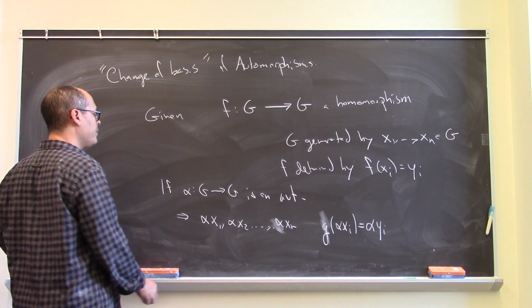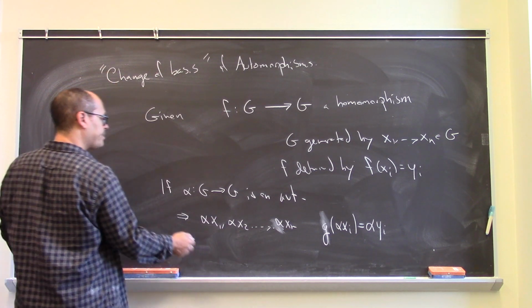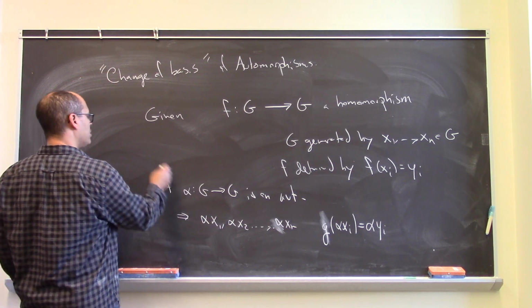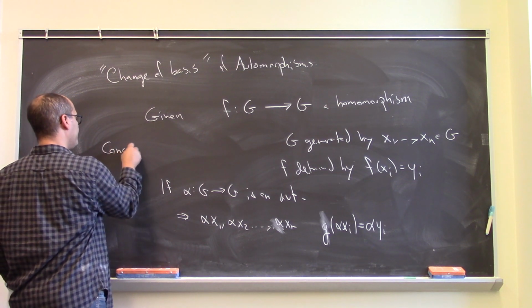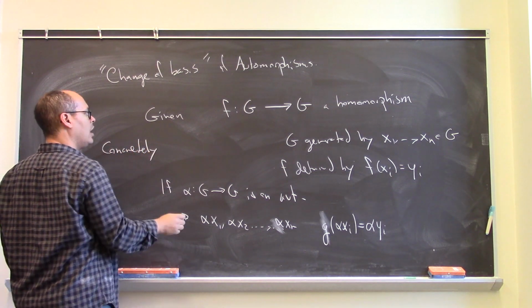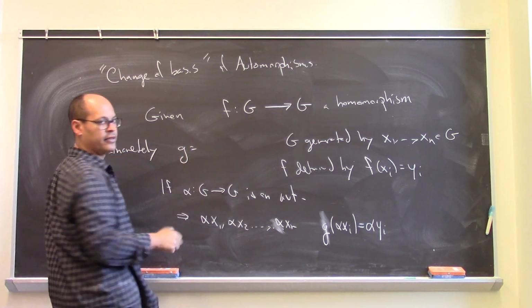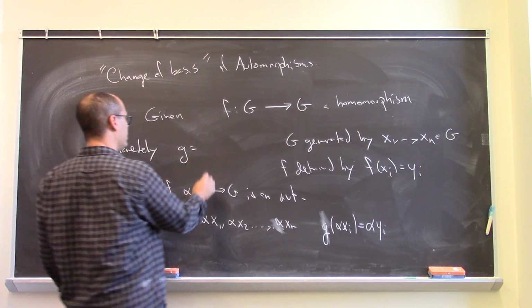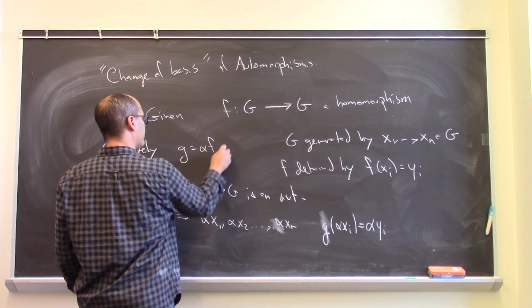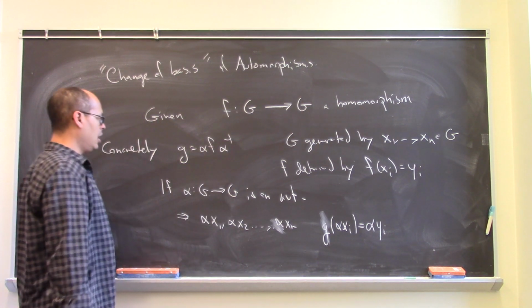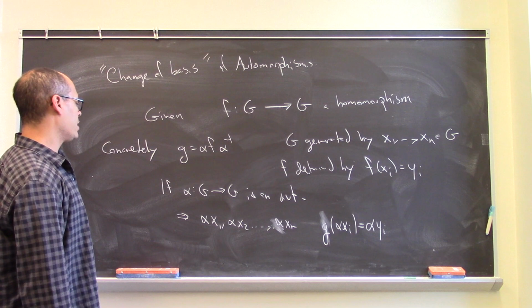Concretely, what is G? So concretely, G, okay, I have a 50-50 chance of getting this right, I'll just go for it. Is it alpha F alpha inverse? Yeah, I think it is.